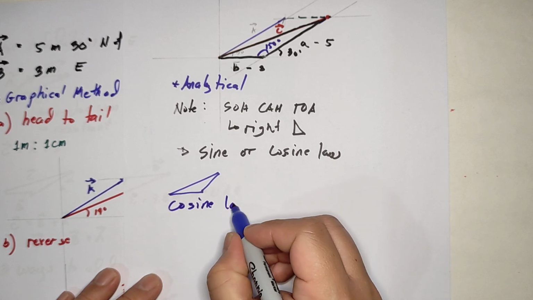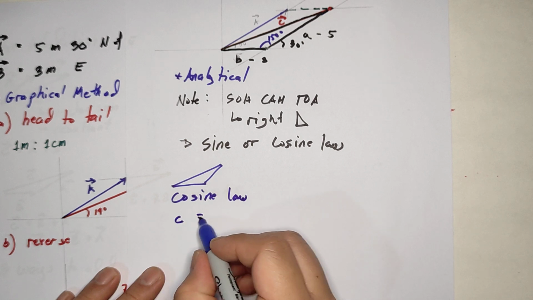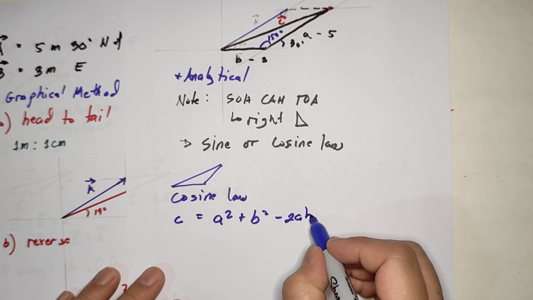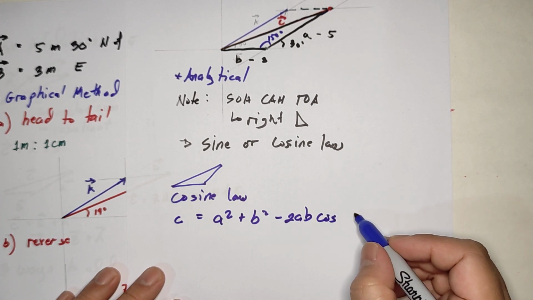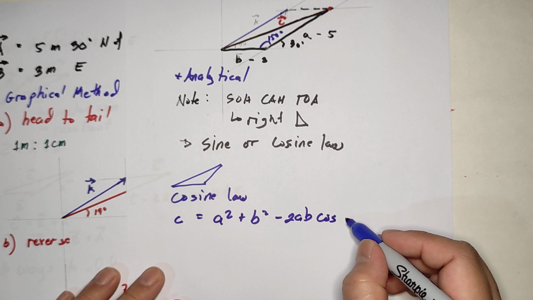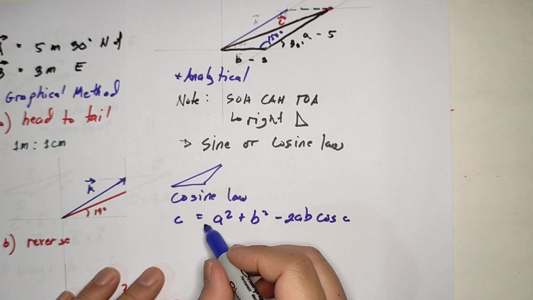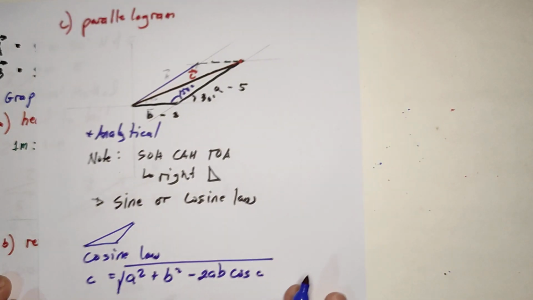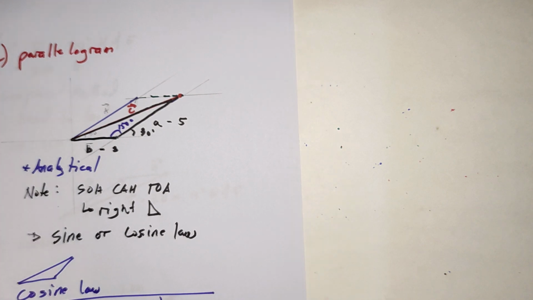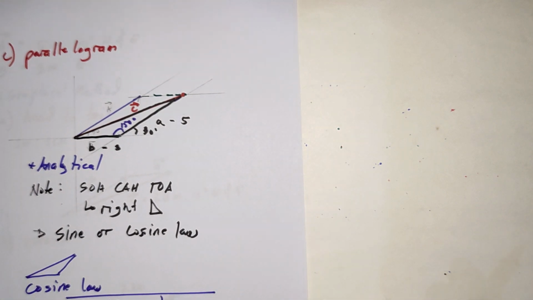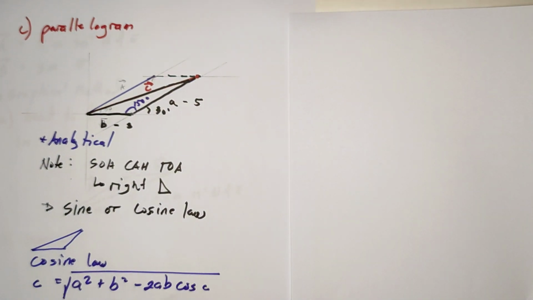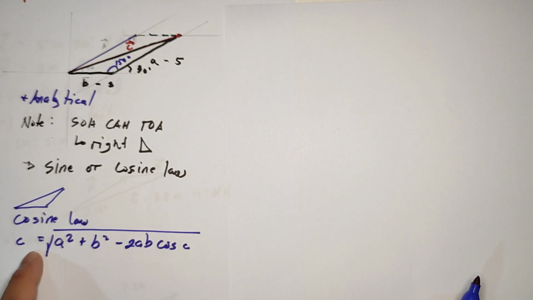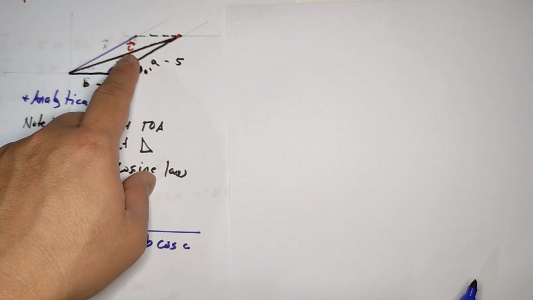Here's the cosine law: c equals the square root of a squared plus b squared minus 2ab cosine C. Now, you're finding the magnitude c.